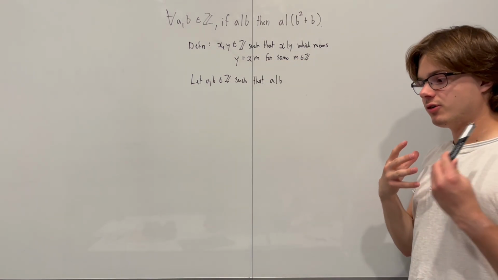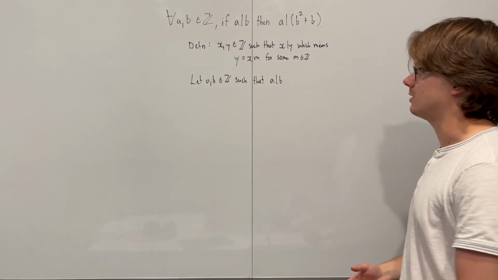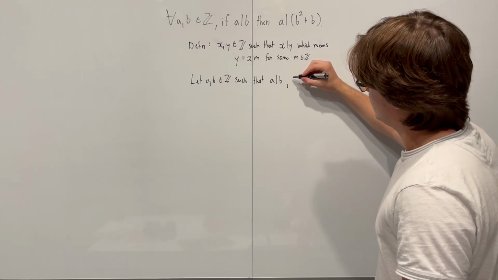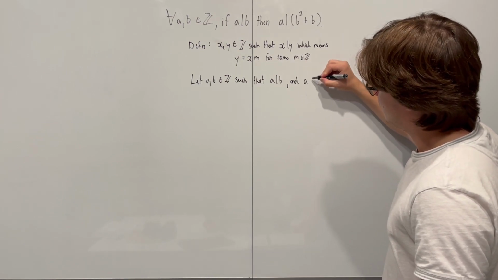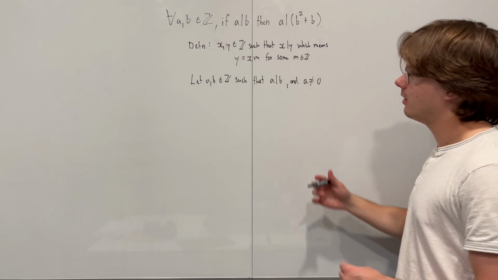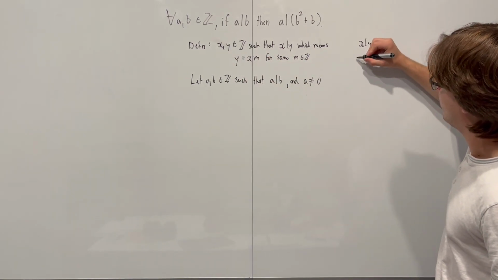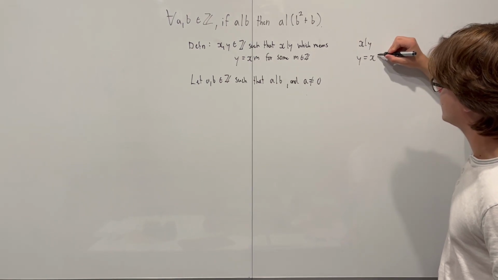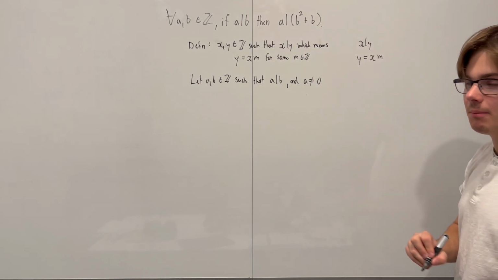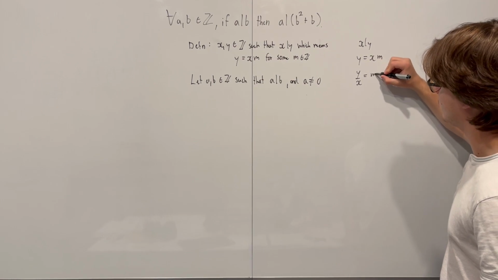Something important that I've been forgetting to do in my previous proofs, and I'm going to make a video saying, hey, I forgot to do these in the playlist, is that there's a very important statement I've been missing, and that is that a cannot be 0. Why did I forget to make the statement? Because it's something you forget. When you're saying by definition that if x divides y, then y can be written as x times some integer m, if x is 0, m cannot be an integer, because if you rearrange for m, it's going to be y over x is equal to m.